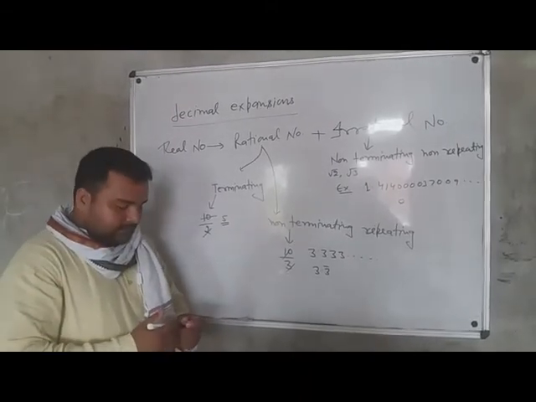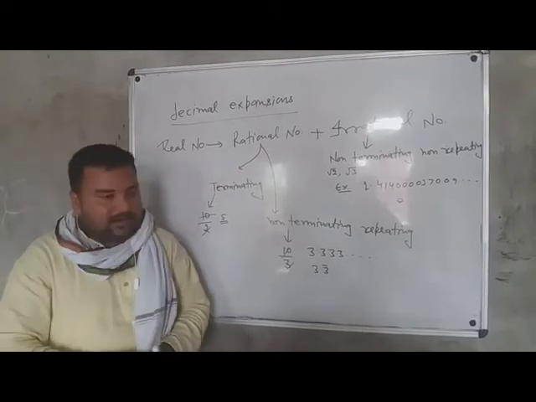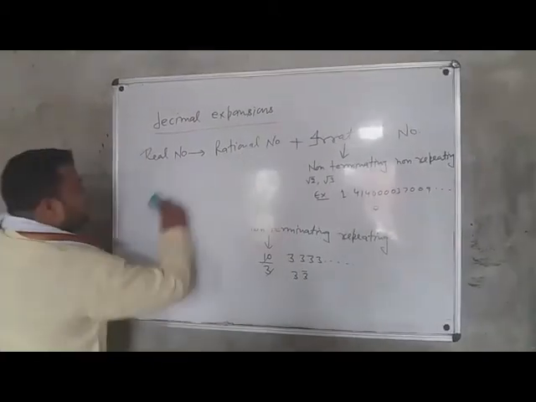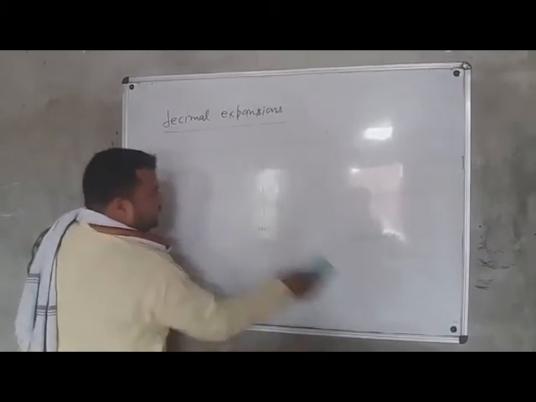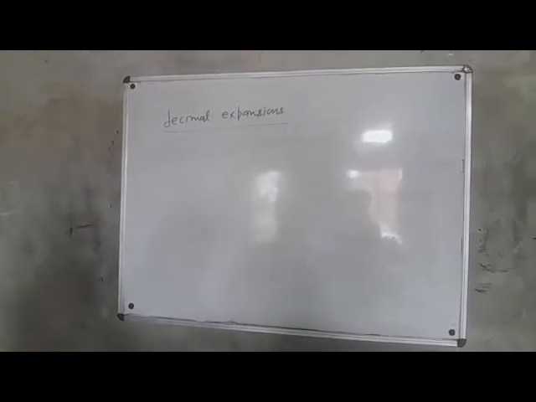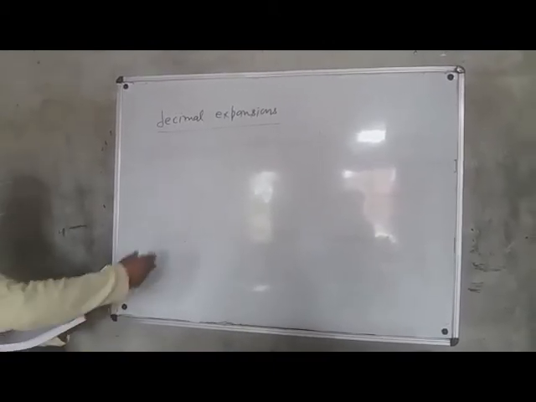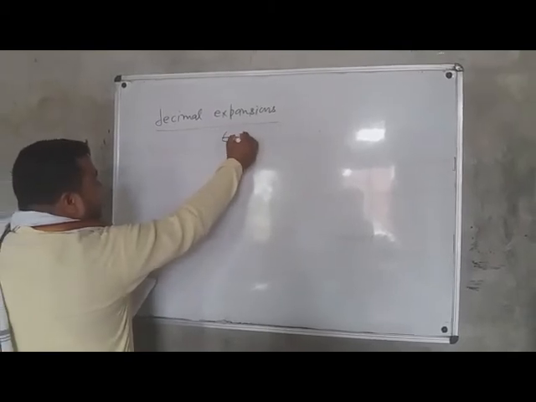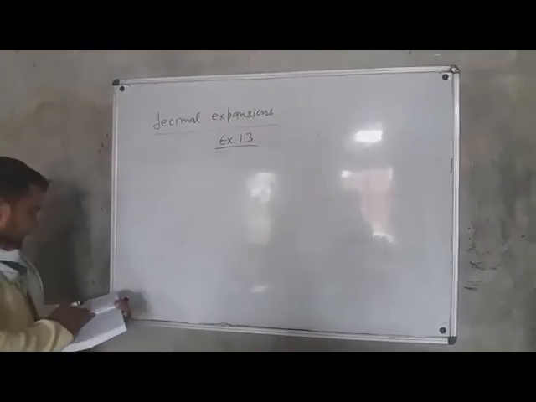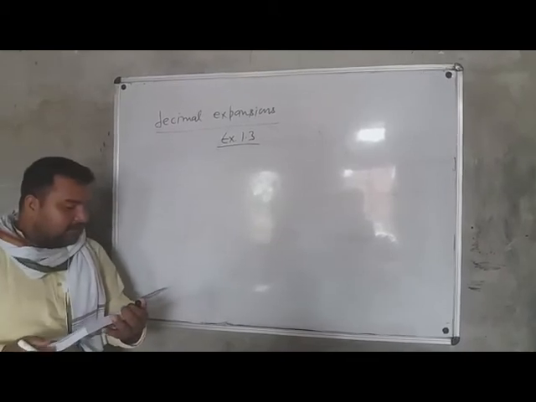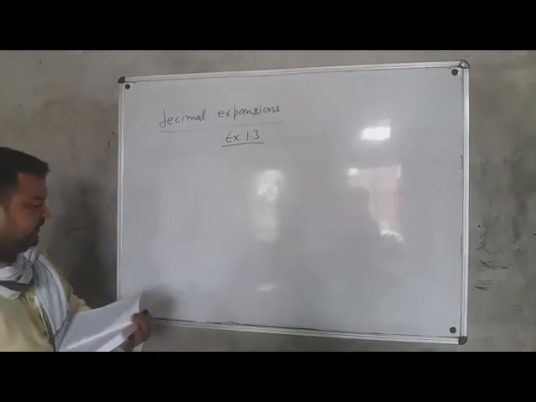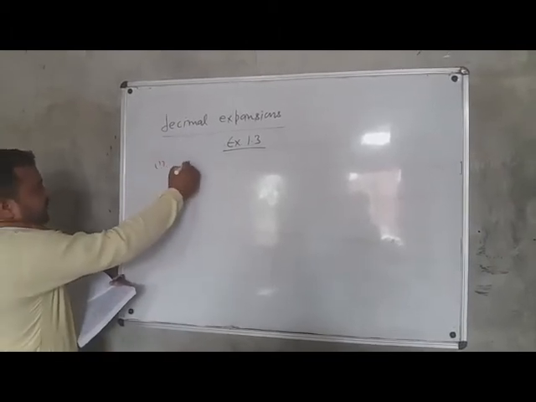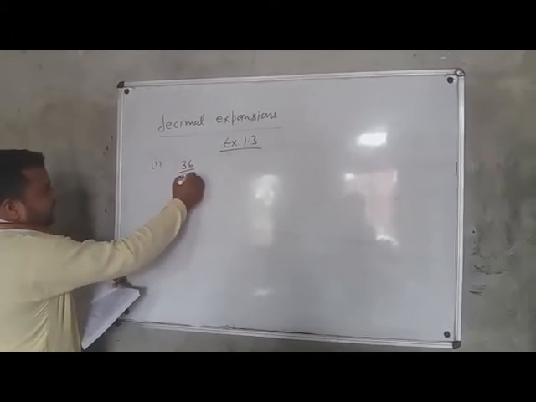Exercise 1.3. The first question is: write the following in decimal form and say what kind of decimal expansion each has. First is 36 divided by 100.